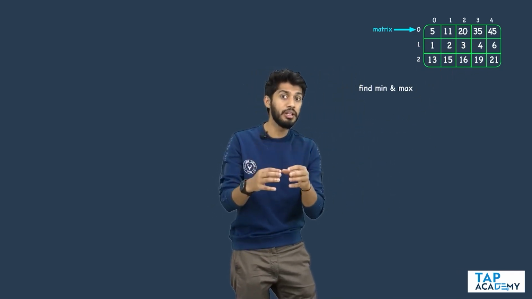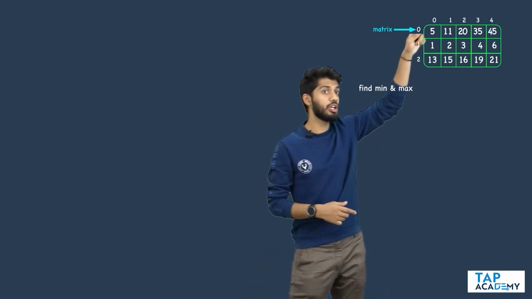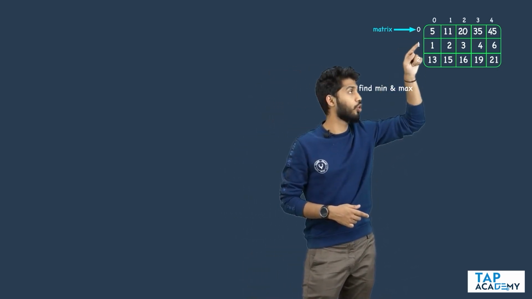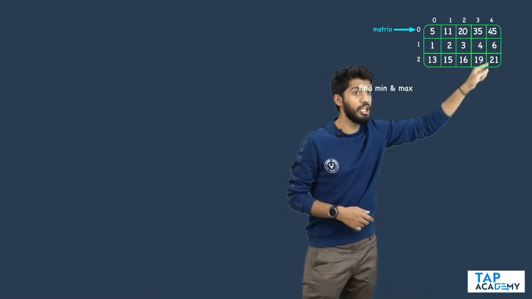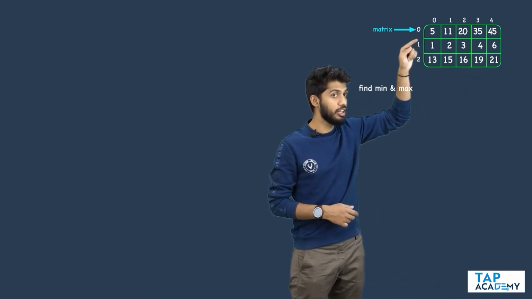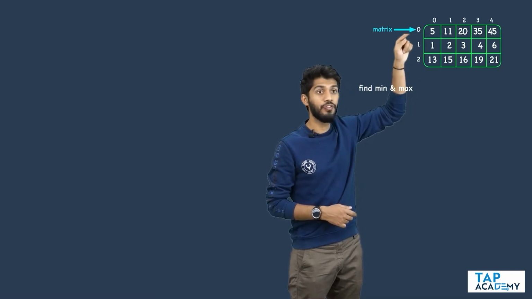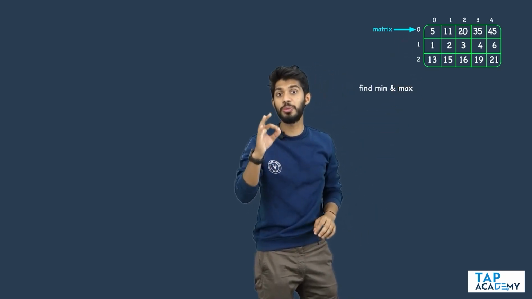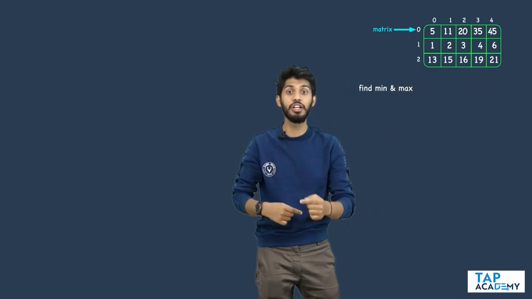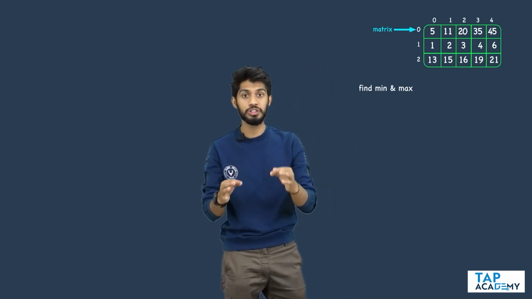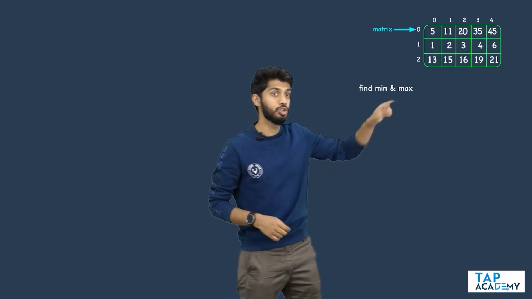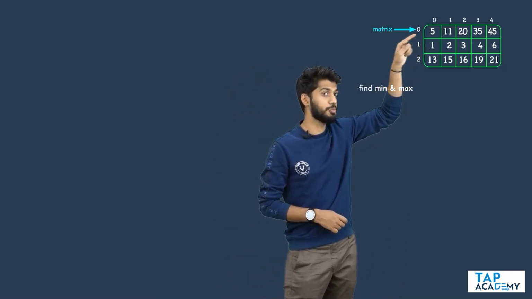So the min is definitely among these elements, either 5 or 1 or 13. Instead of traversing the complete matrix, I will traverse only the first column and check whichever is lowest, I mean whichever is minimum. So the minimum will definitely exist in this column.